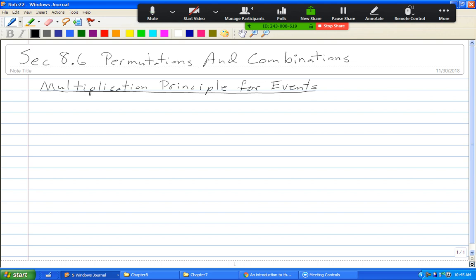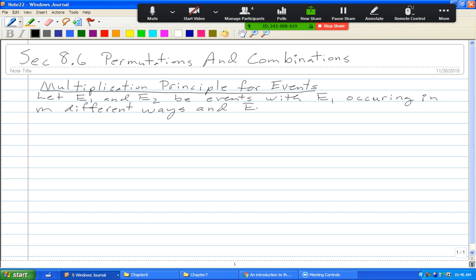So suppose E1 and E2 are events, with E1 occurring in m different ways, and E2 occurring in n different ways.